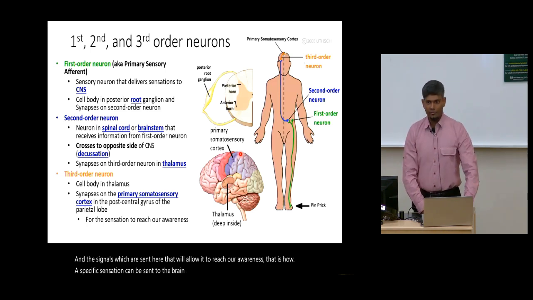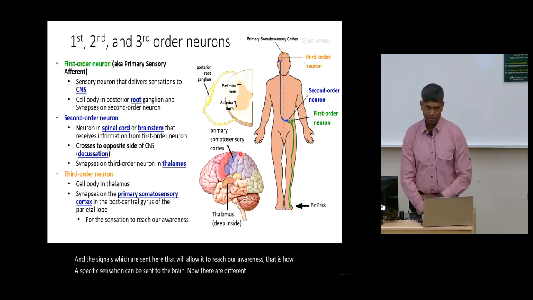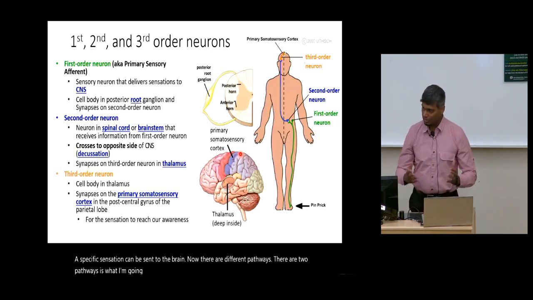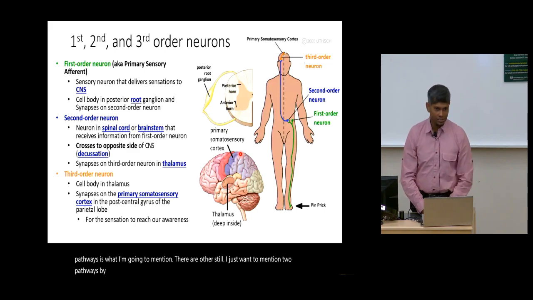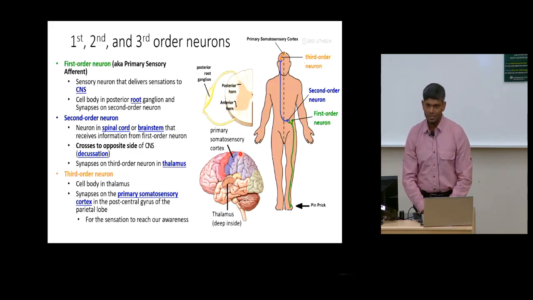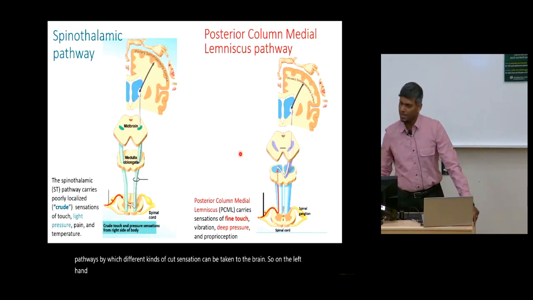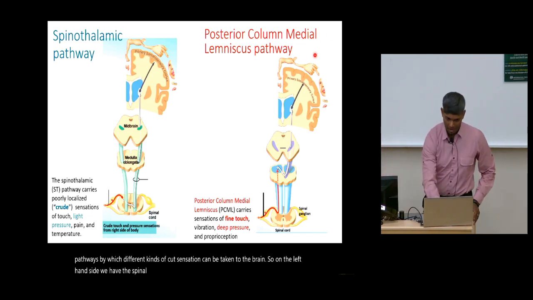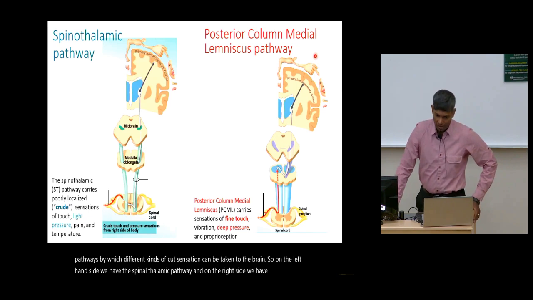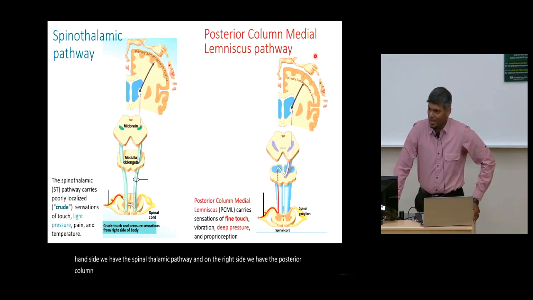Now there are different pathways. There are two pathways that I'm going to mention. There are others too, but I just want to mention two pathways by which different kinds of touch sensation can be taken to the brain. On the left hand side we have the spinothalamic pathway, and on the right side we have the posterior column medial lemniscus pathway.